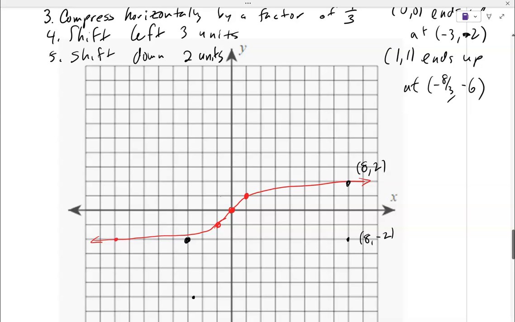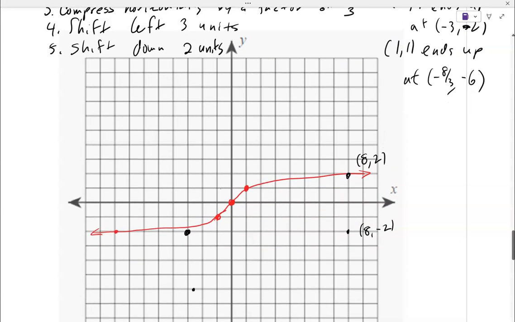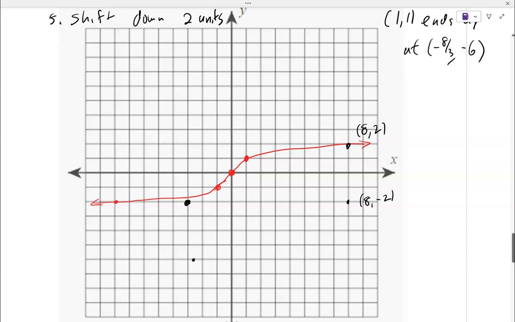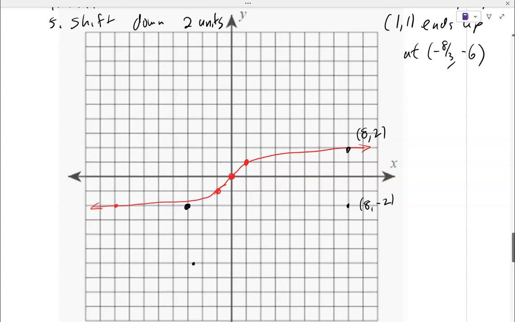What happened next? Stretch vertically by a factor of 4. So what do you end up doing with that -2? What does it become? -8, because you're multiplying it by 4, right? 1, 2, 3, 4, 5, 6, 7, 8.